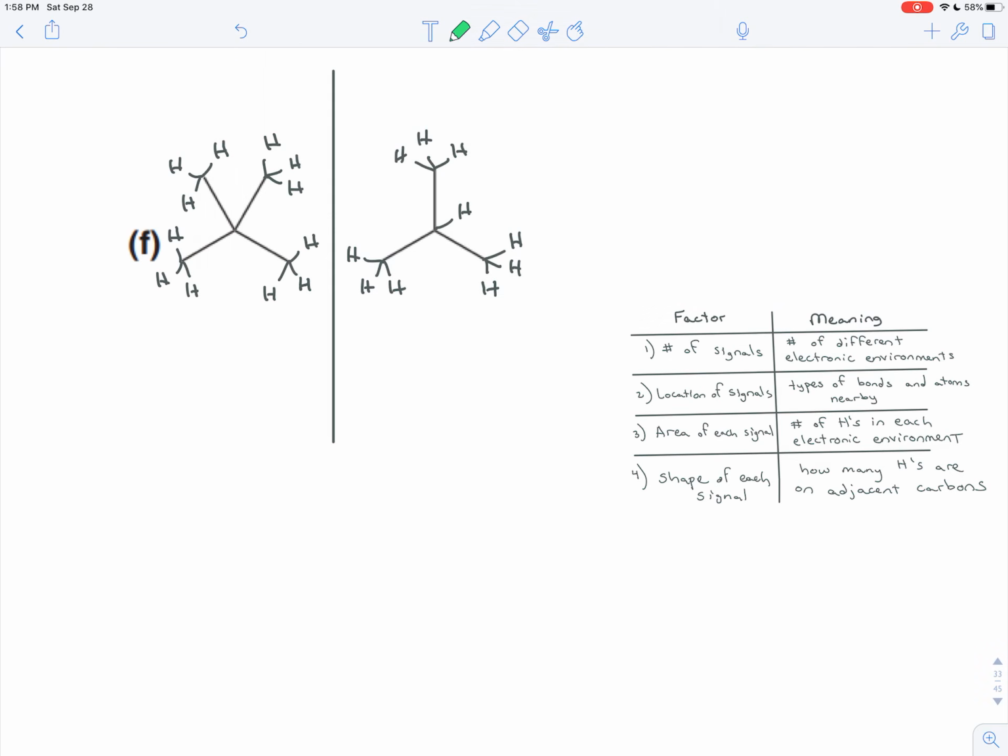Now, there are actually 2 planes of symmetry in the molecule on the left. You have one going down, and you also have one going across.